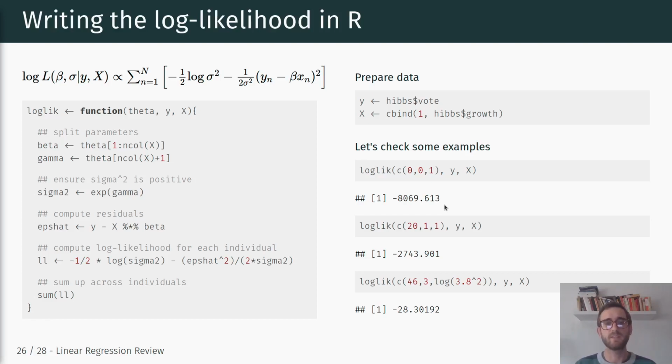So that means we can plug in the y and the x, which is, of course, what we observed. We keep that constant, but we can plug in different parameter values for beta and for sigma, and we get different numbers.